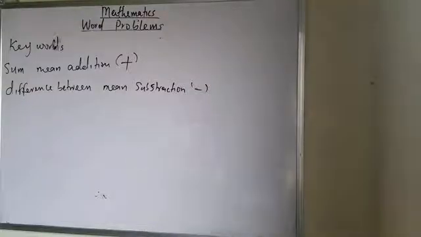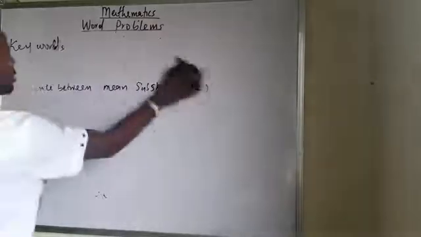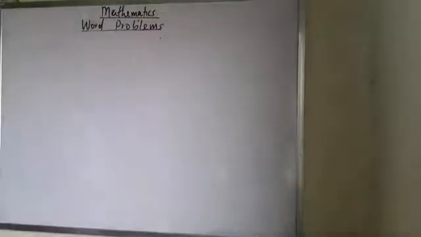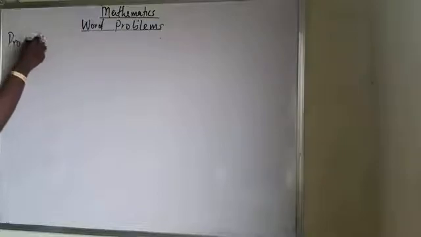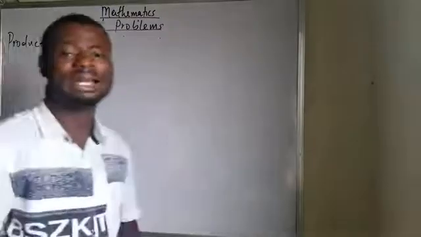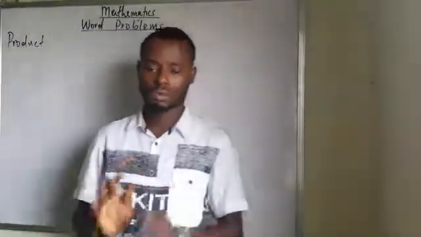Okay, now let me move on to the next one, which is called product. Let me quickly explain the next one, which is known as product. When we hear the word product, it means this time around we are on multiplication.